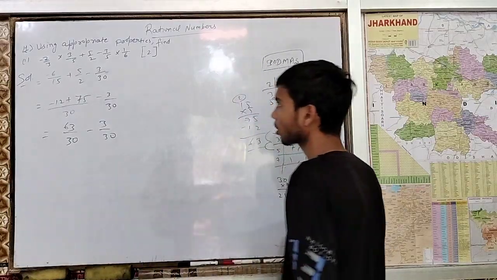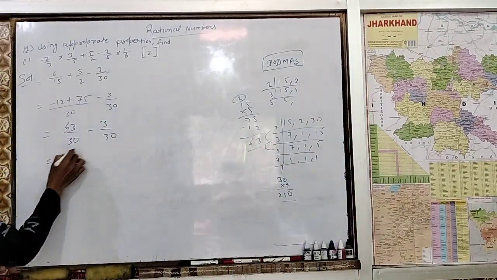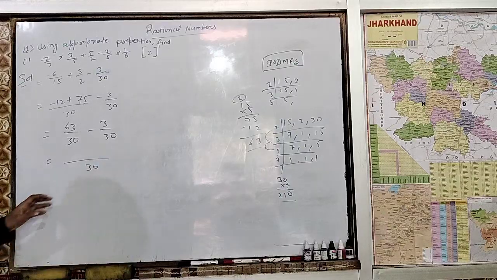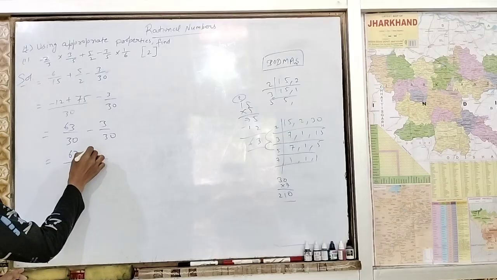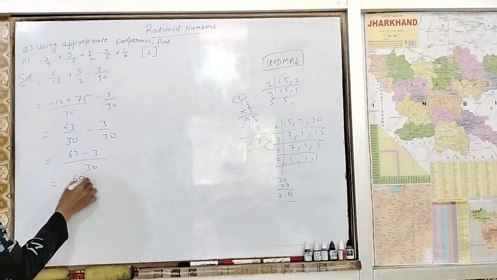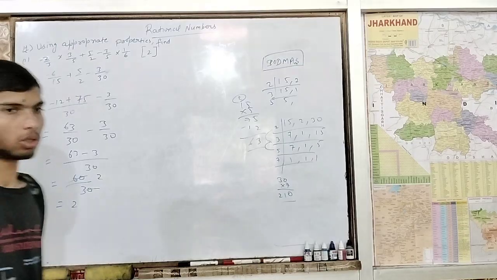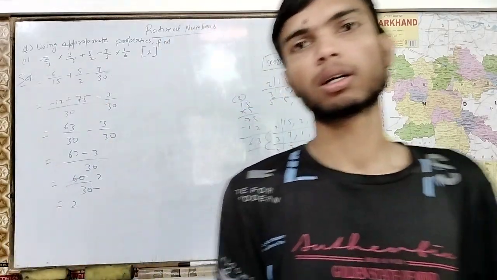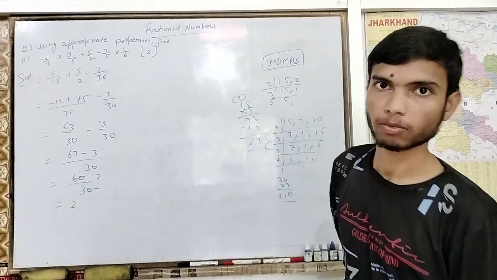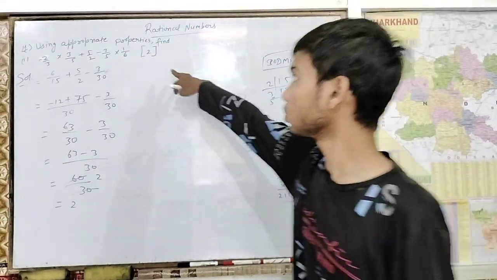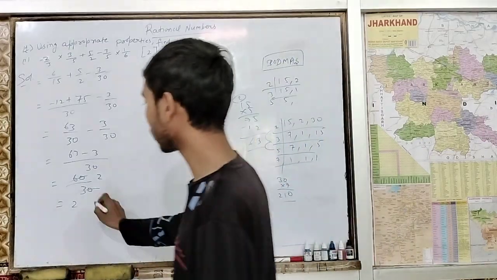Now look here. The 30 is the same, it will become 30 in the denominator, and in the numerator it will be written as it is. We are getting this. You can say 3 2s are 60, 2 came as our output, and we brought this to the answer by simplifying it. That is how you will solve it.